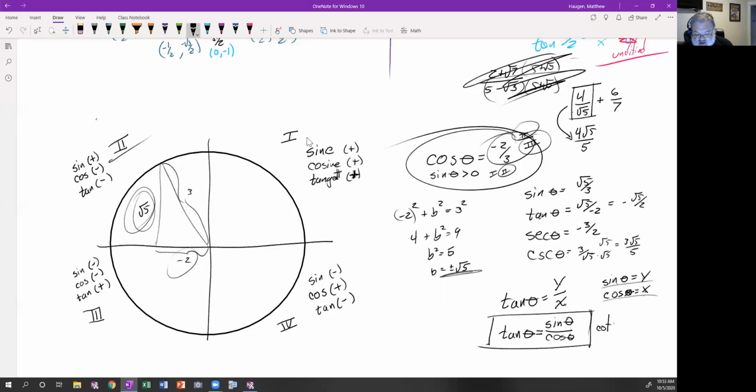Correspondingly, that means the cotangent, since the cotangent is just the reciprocal of tangent, is the cosine divided by the sine. So this is one of the cool consequences of our circular definition, is we start building some relationships between the trig functions themselves. And we're going to build more and more of those.